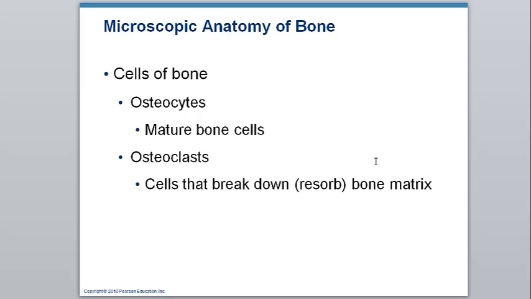Now let's look at the next bone cell, which is the osteoclast. They break down, or resorb, bone matrix. Why do you need to break down bone? You need to break down bone so you can form new bone. As you're growing from younger to older adult, you have to remodel the bone. Say, for example, you're taking up a new sport, right?